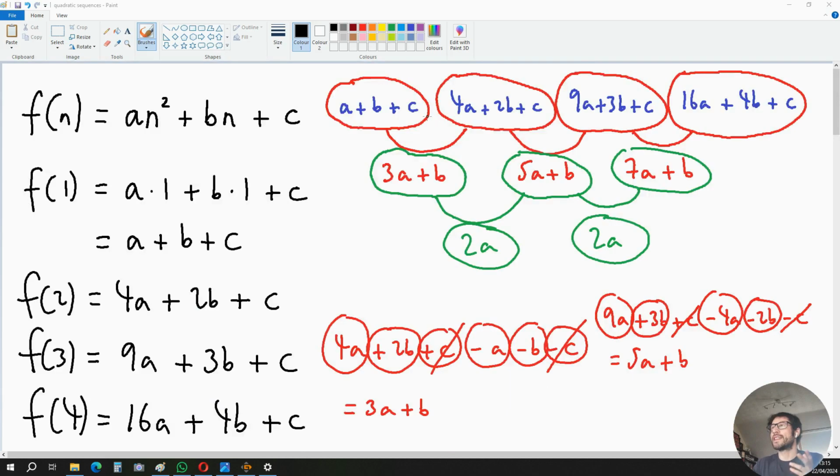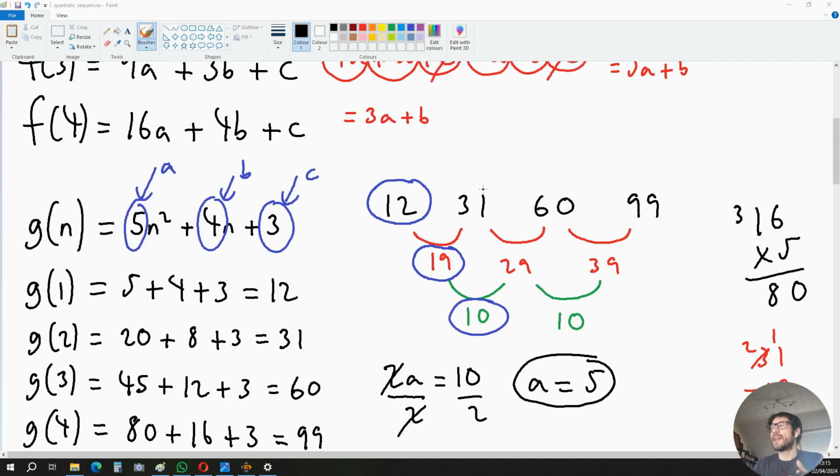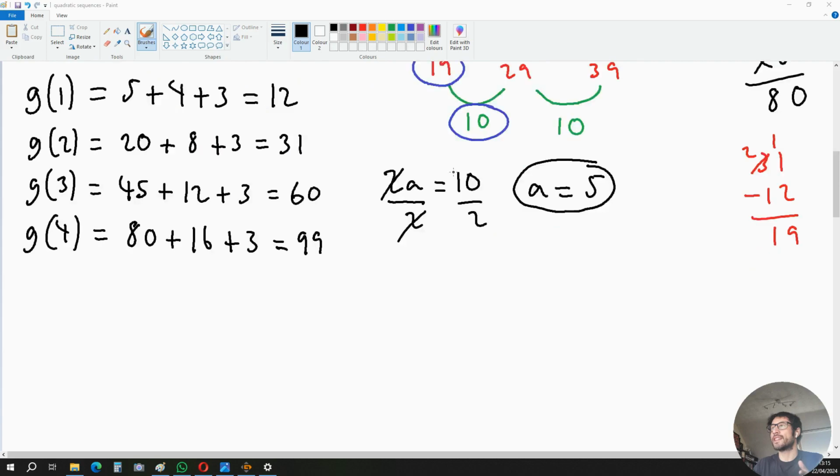Now remember, the difference between the second term and first term should be 3a plus b. Okay? So the difference between the second term and first term over here is equal to 19. So we can write 3a plus b is equal to 19.